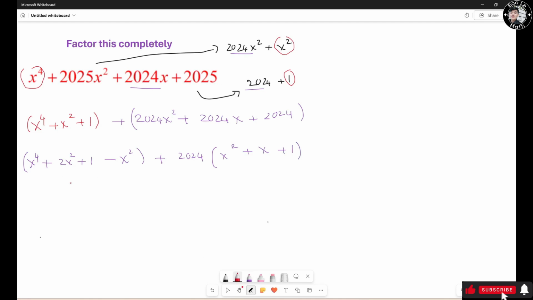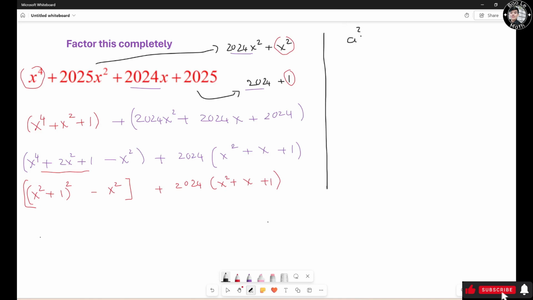Now, the first 3 right here, it's going to be a complete square. So it could be s squared plus 1 all together squared minus s squared, right? Plus 2024 times s squared plus s plus 1, right? And then this guy is the difference of 2 squares, right? So I can apply the formula of difference of 2 squares, right?